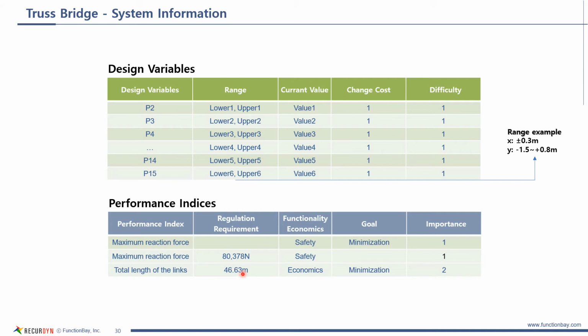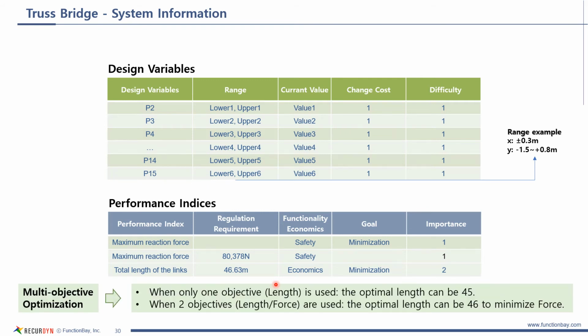If there are more than two objectives, they require trading off. For example, the optimal length can be 45 when it is the only objective, but it can be 46 when there is another objective. So, if possible, it is recommended to use one objective and use another one as a constraint.